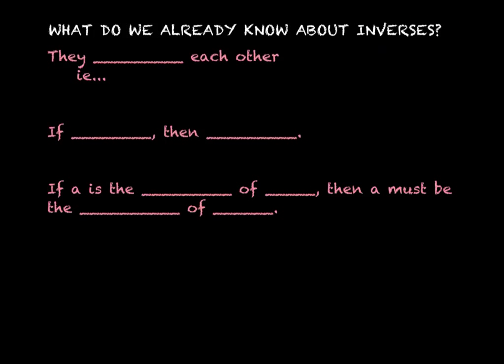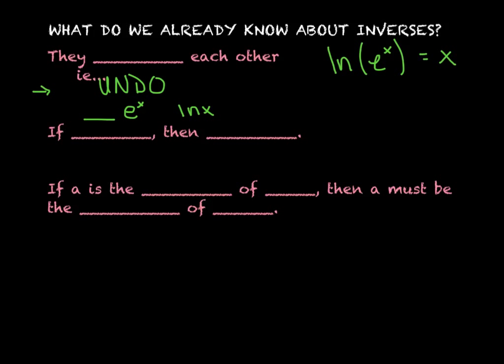Alright, what do we already know about inverses? The first key point I want to make is that inverse functions undo each other basically. A good example here is the functions e to the x and natural log of x. Have you ever wondered why the zap rule does what it does? Why is the natural log of e to the x simply x? Well, there's two things happening.